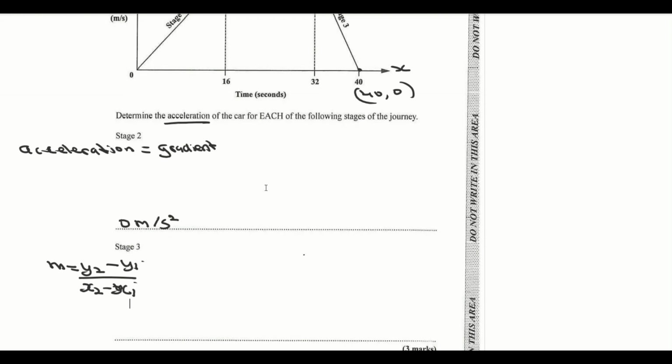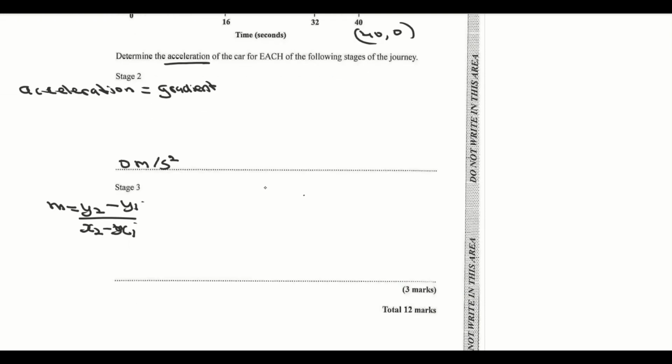Because this is intersecting at the x-axis, we know that y is equal to 0. So this coordinate here would be 40, 0. And this one here, x is 32, y is 12. So you're going to use 40, 0, and 32, 12 to find your gradient. I'm going to say this is x1, y1, x2, y2.